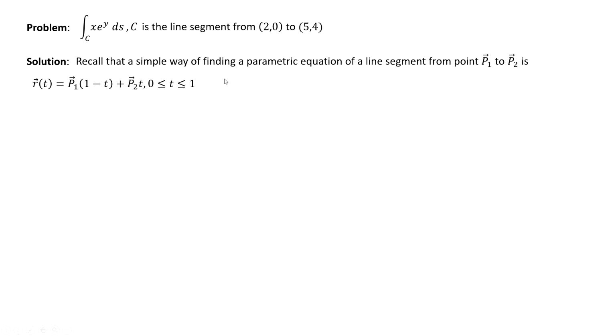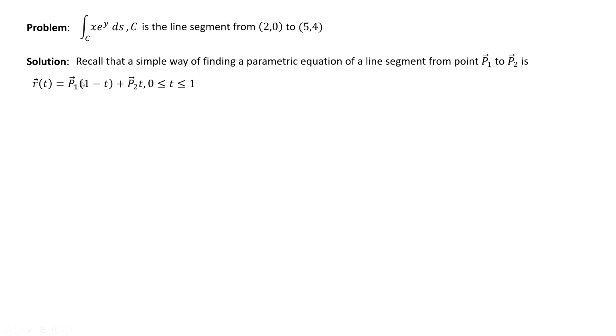So that means when t takes on a value of 0, we must be at the initial point P1. Let me repeat that. When t takes on a value of 0, we must be at P1. Likewise, when t takes on a value of 1, we better be at that other point P2. Now, does this accomplish that? Let's check. Let's plug 0 for t.